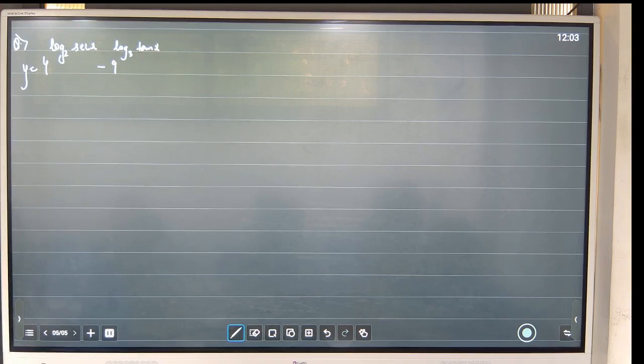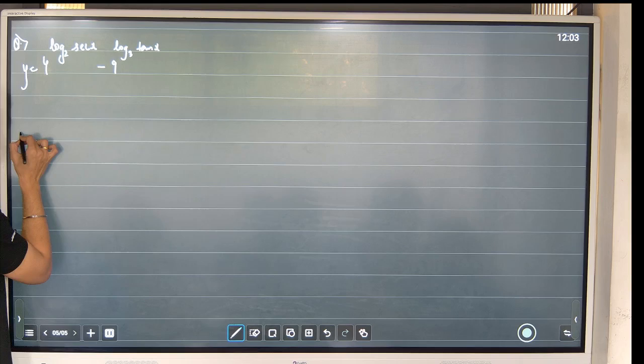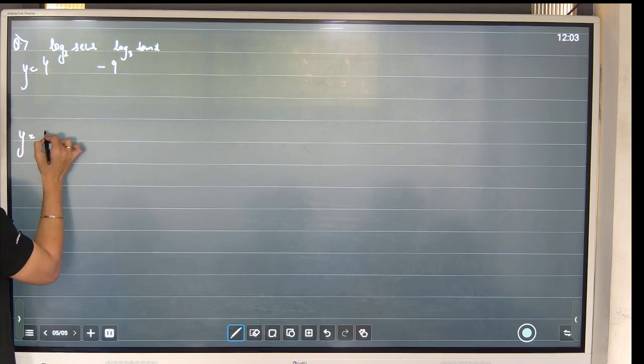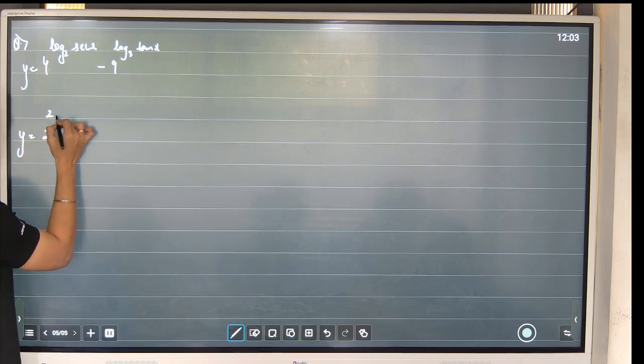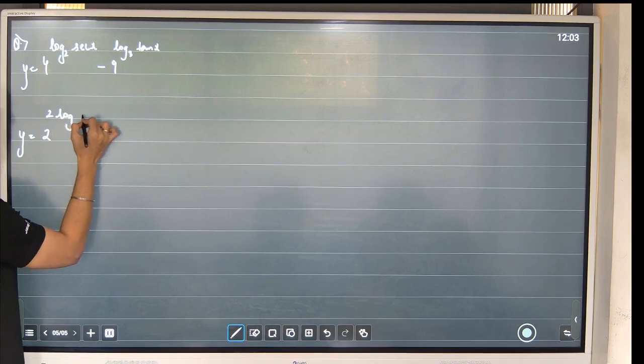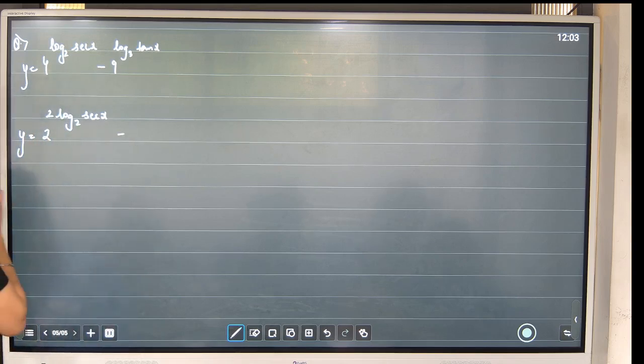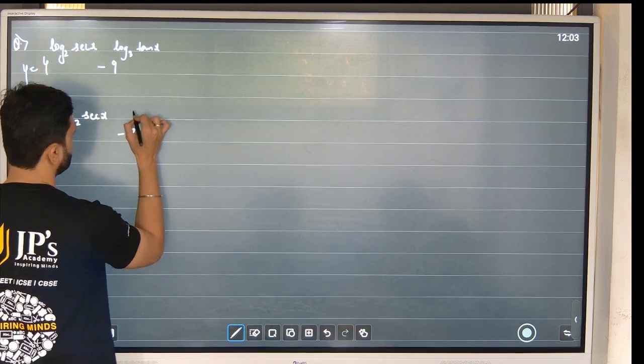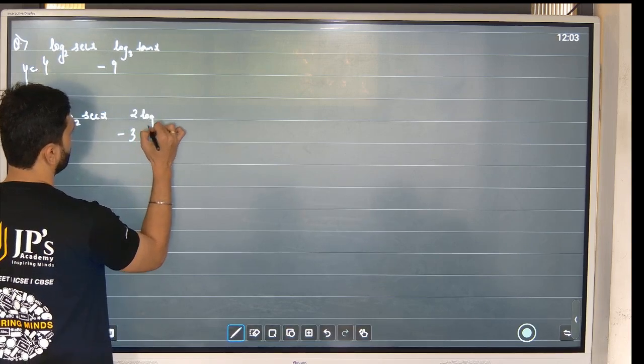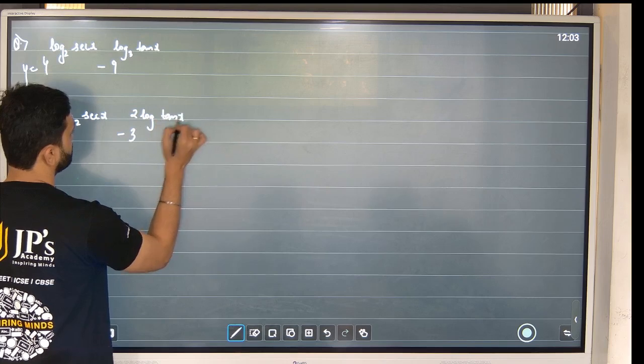So what I am going to do here is, I will start the question like this: y is equal to 2 square log sec x to the base 2 minus 3 square log tan x to the base 3.